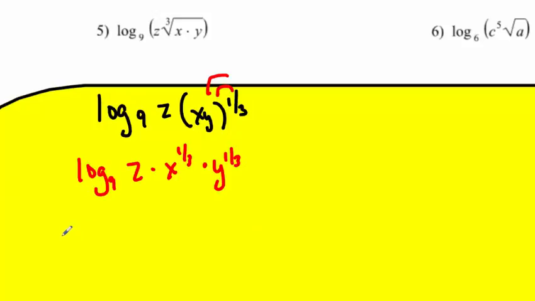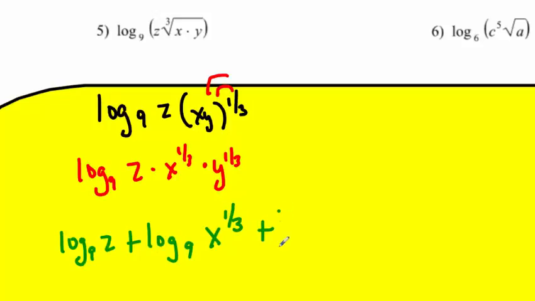And I know that times just means add, so this is log base 9 of z plus log base 9 of x to the 1/3 plus log base 9 of y to the 1/3. And then just using the power rule moves everything that has an exponent out to the front.